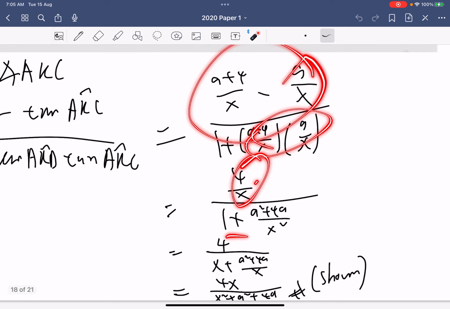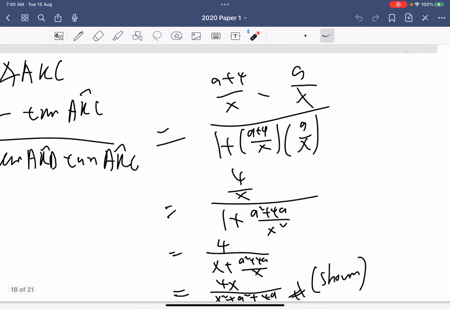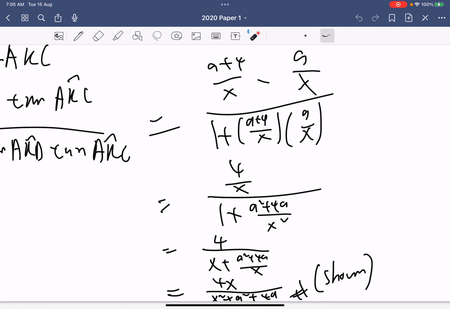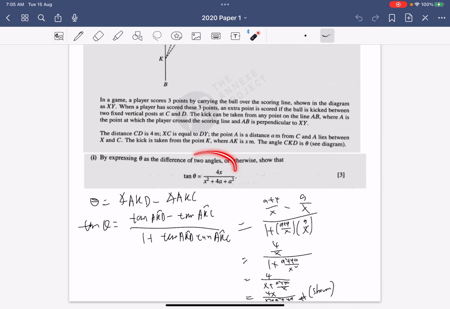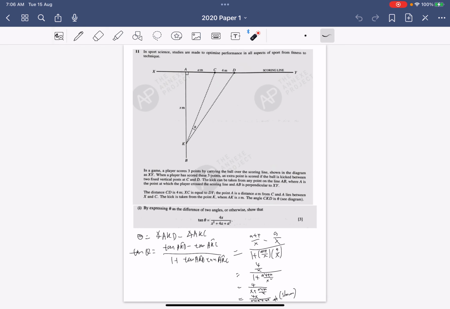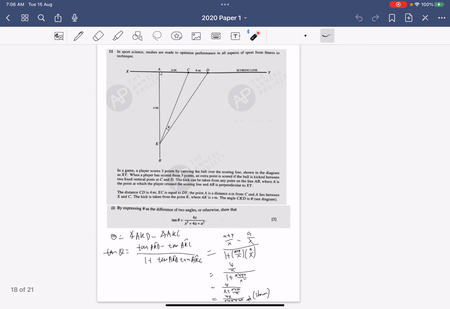Below will just be this chunk. And after a few simplifications, you bring the x down and everything, you should get 4 over x, over x squared plus a squared plus 4a, which is what we want to show. So this should be relatively clear.